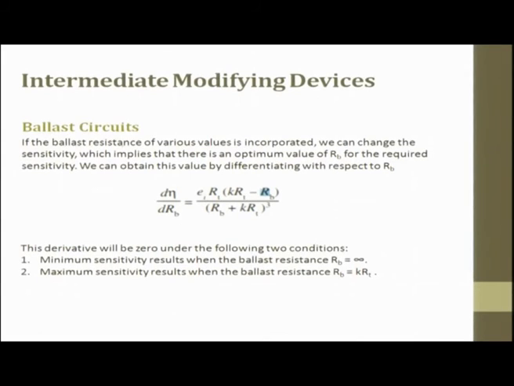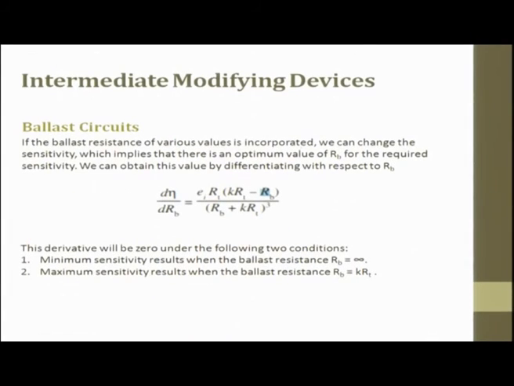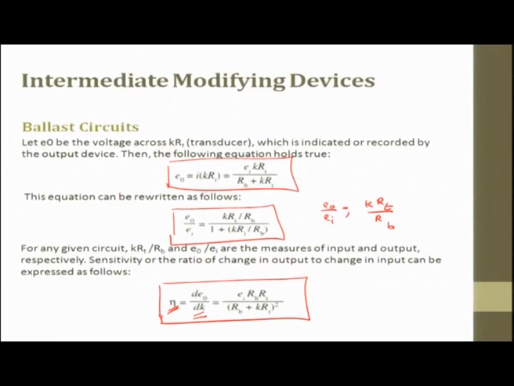So, if the ballast resistance of various values is incorporated, so what are the various values? So, here we have taken this and we have replaced it with N. So, if we start differentiating it with RB, we can change the sensitivity, which implies that there is an optimum value of RB for the required sensitivity. So, when we differentiate this with respect to RB, we get this equation changed.